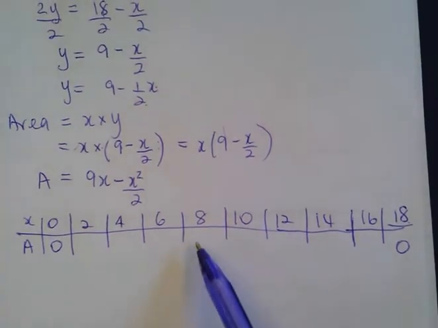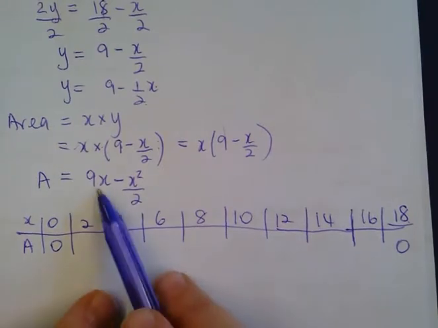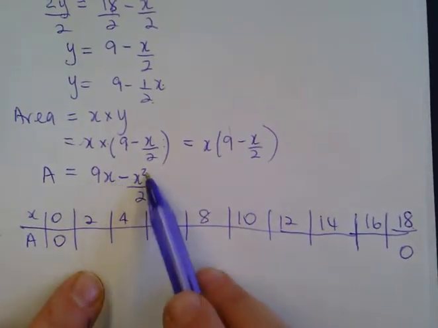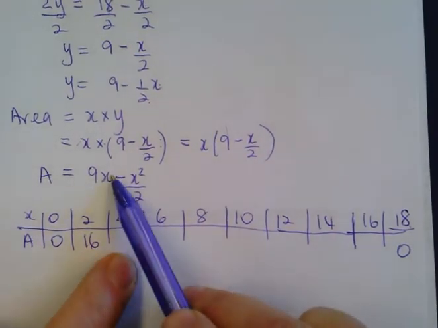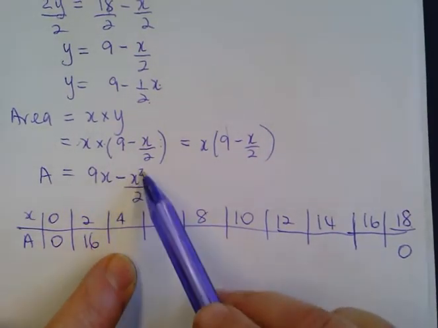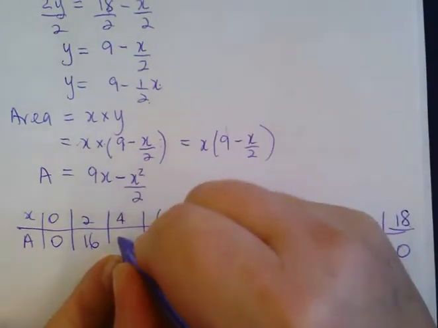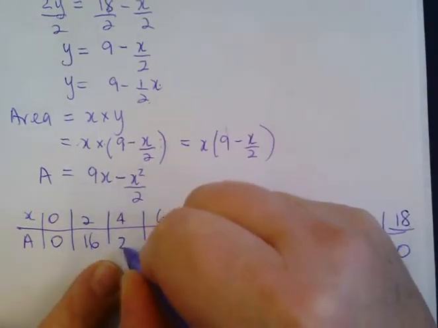So, look, girls, when x is 2, I've got 18 minus 2, I get 16 here. When x is 4, I get 36 minus 8, that's 28.